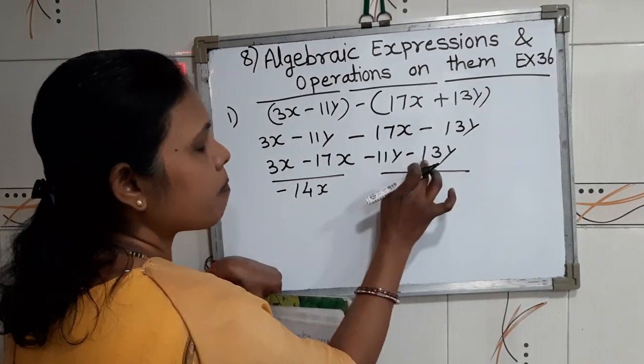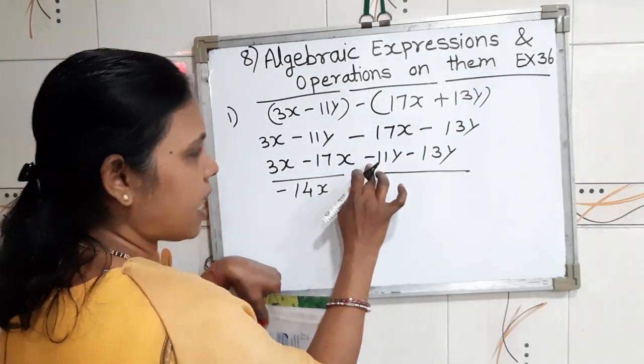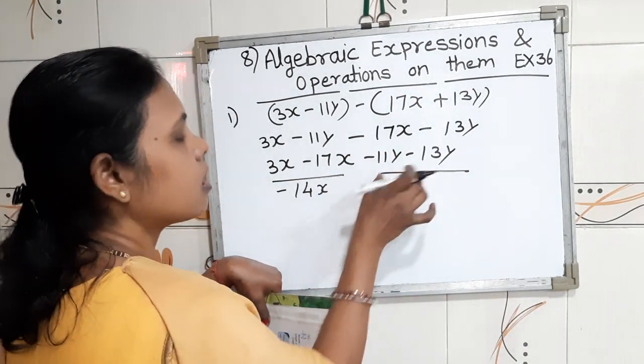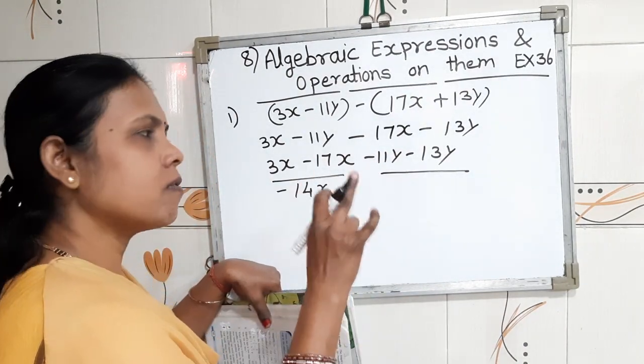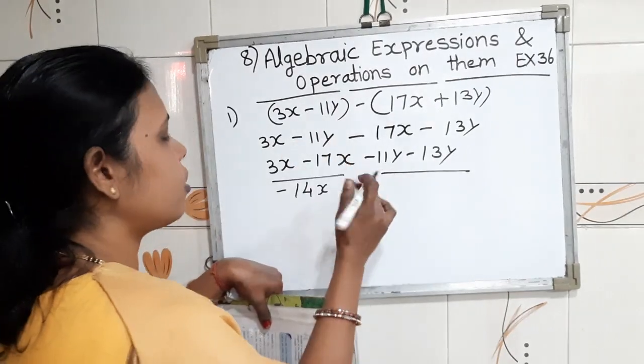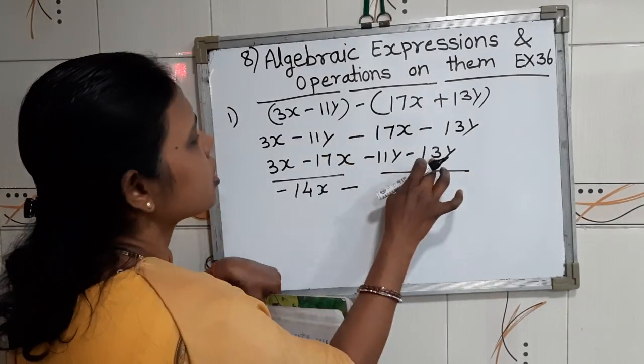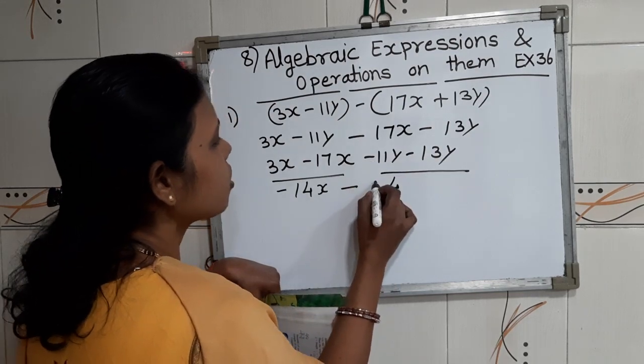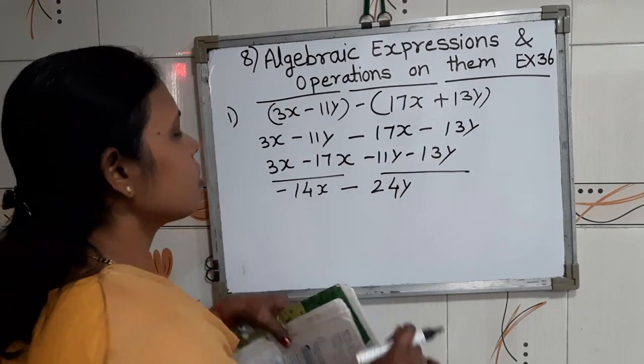Here both the numbers are carrying a minus sign, that is the same sign. Therefore we will add the numbers, but the sign we will write the same only. Therefore 11 plus 13, 24y.